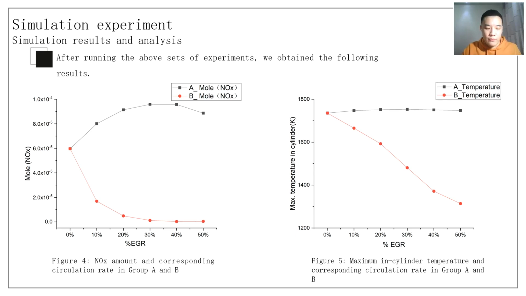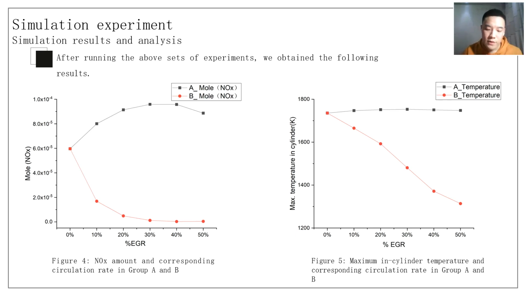The reasons for these results need to be explained with Figure 5. Figure 5 shows the change of maximum combustion temperature in the cylinders of the two groups with exhaust gas recirculation rate.